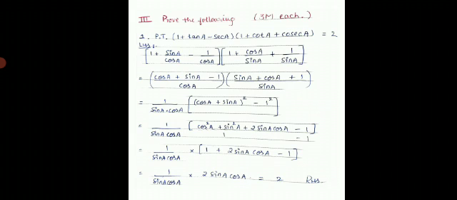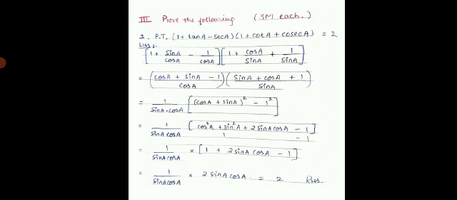Now we'll move towards 3 marks questions. Prove that (1 + tan A − sec A) into (1 + cot A + cosec A) must be equal to 2.